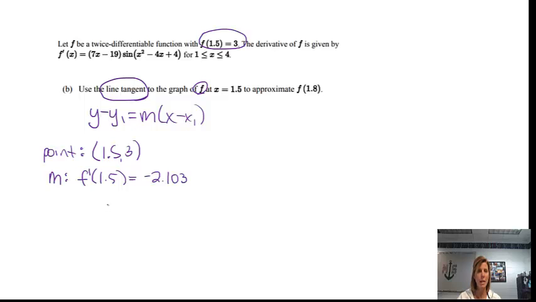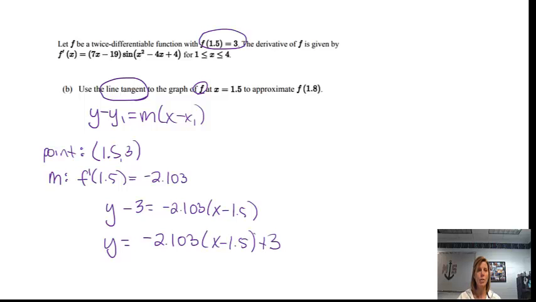All right, so notice I now have the point, I have the slope, I can plug stuff in, so I'm going to get y minus 3 equals negative 2.103 times (x minus 1.5). And then I like to bring the 3 over, so I'm going to have y equals negative 2.103 times (x minus 1.5) plus 3. Now that I have my tangent line, I can use it to approximate f of 1.8.